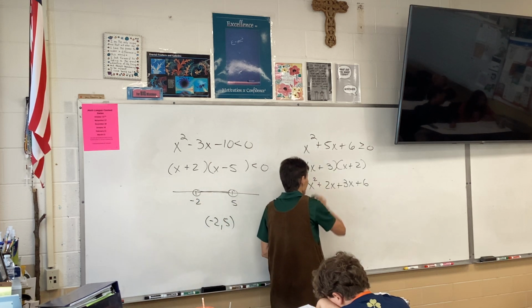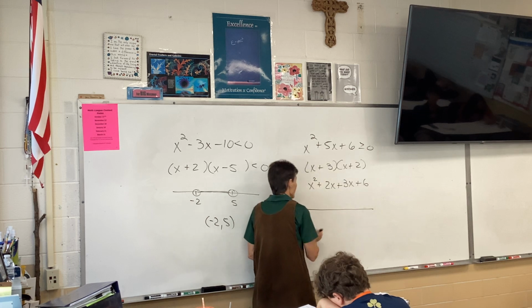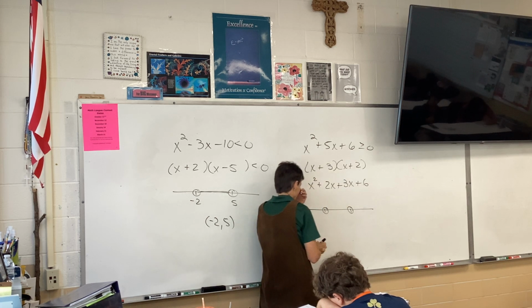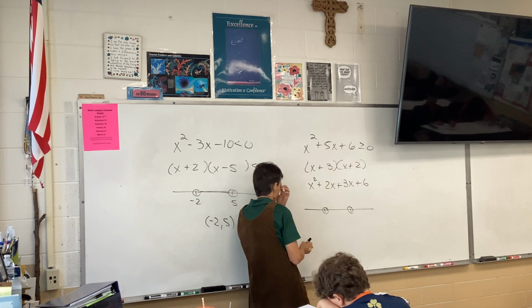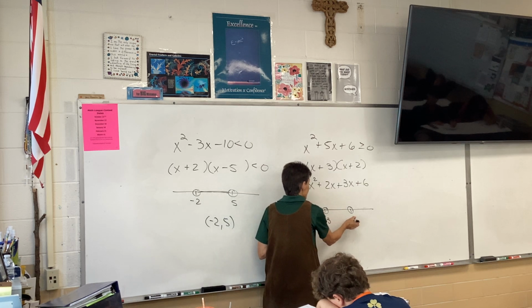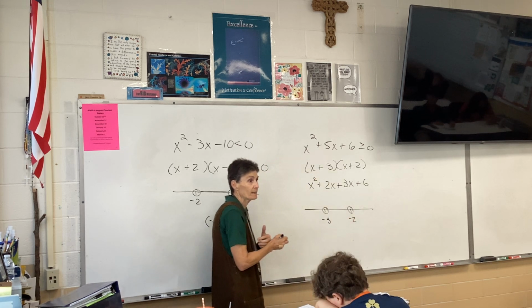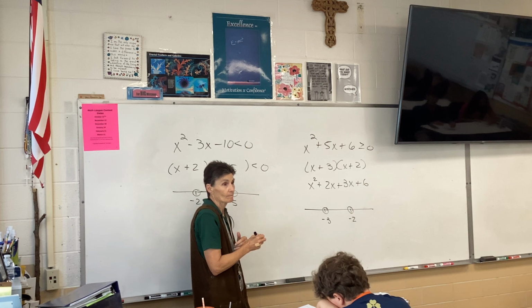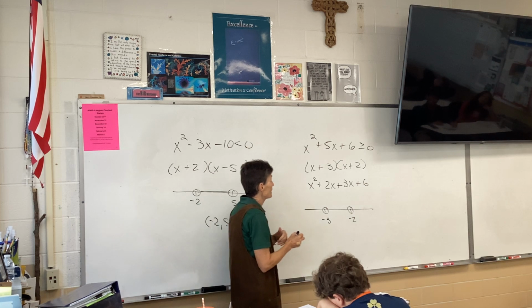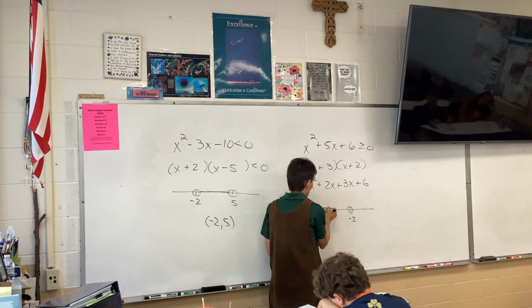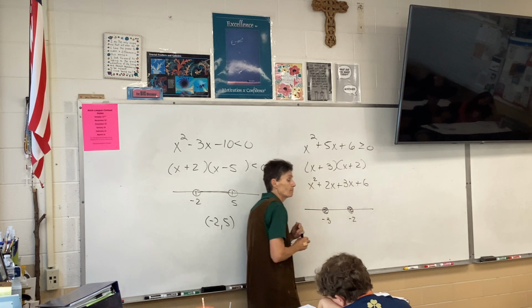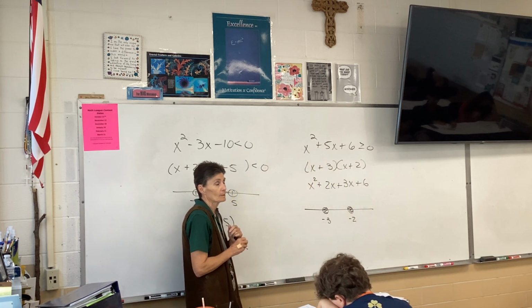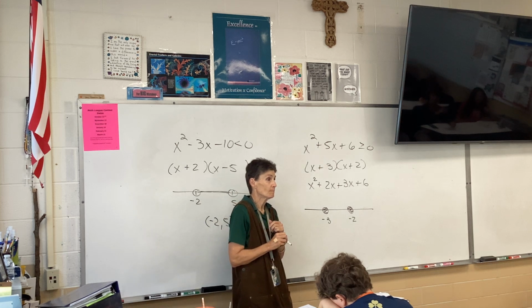So that's perfect. So here's my number line. Where are my dots? All right, and be careful when you put these on here. This is the order they go, right? Because they're negative. Those dots should be solid. And where am I shaded?